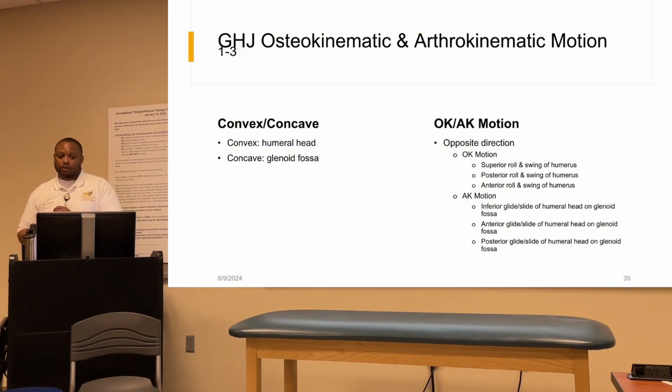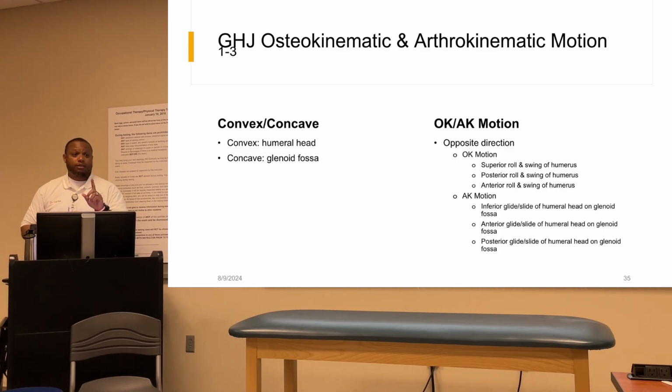And when we're talking about convex moving on concave, the glide or slide, notice I say glide or slide and use them interchangeably, is occurring in the opposite direction. So with my superior roll and swing of the humerus, I get an inferior glide or slide of the humeral head on the glenoid fossa. That was coronal abduction, and also flexion.